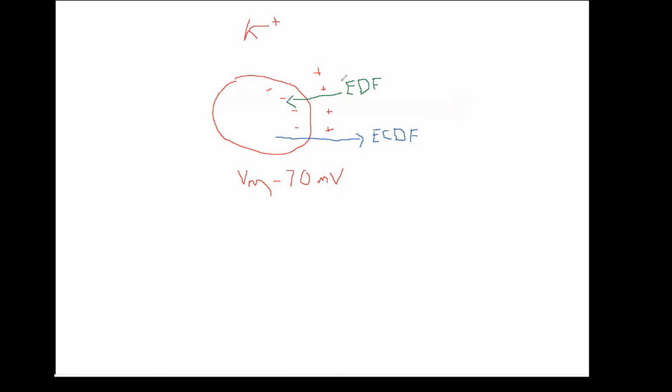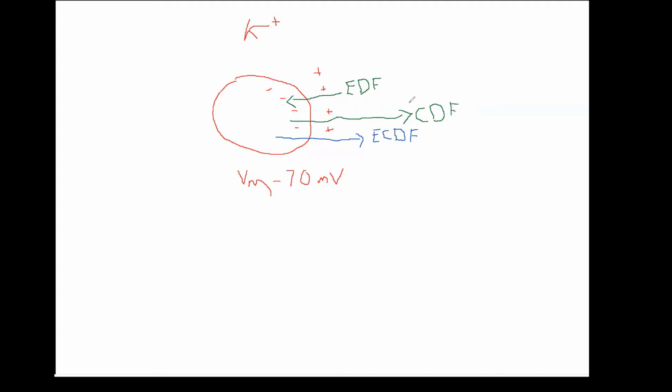If the chemical driving force were going the same way as the electrical driving force, then when you added them together, you'd get a force pointing into the cell. Because our electrochemical driving force and our electrical driving force are in opposite directions, we must have an even greater chemical driving force out of the cell that's opposing that electrical driving force. And it has to be greater, so that's part C.